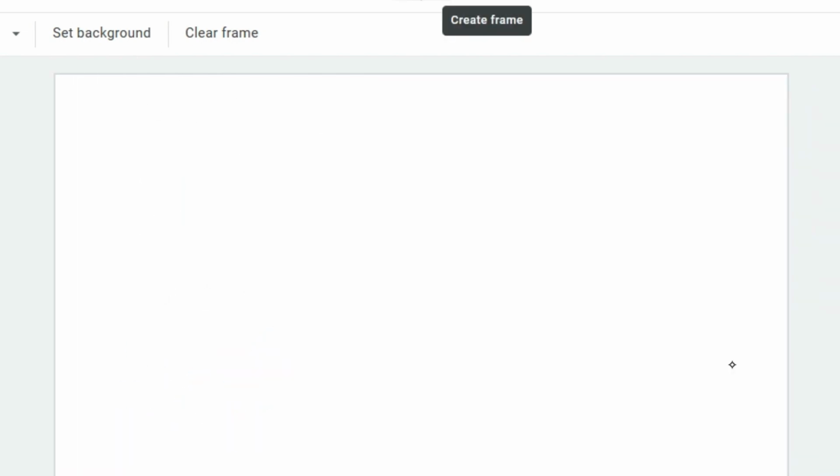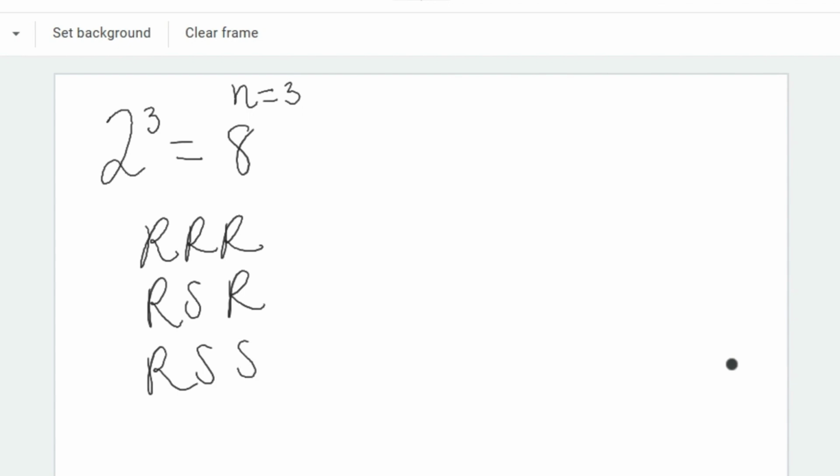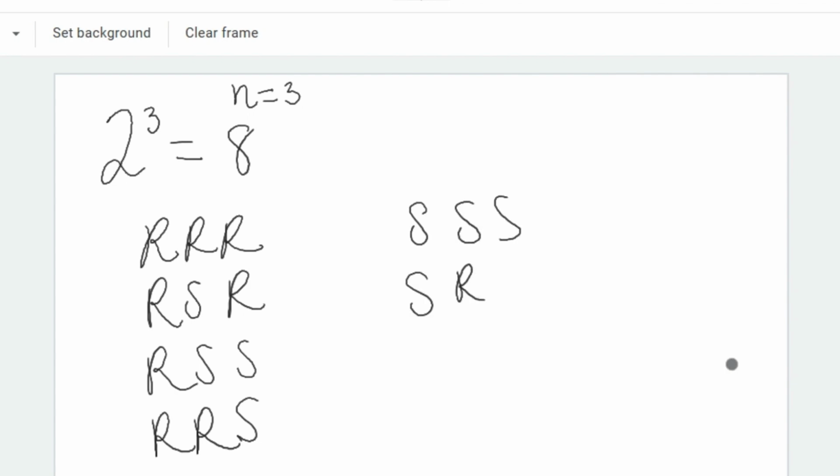So let's also try something else. Let's try if we had 3 chiral centers. So that would be n equals 3. So that would be 2 raised to the power of 3, 2 times 2 times 2. That is 8. So that would mean we have RRR, RRS, RSR, RSS, or we can have SSS, SSR, SRS, and SRR.